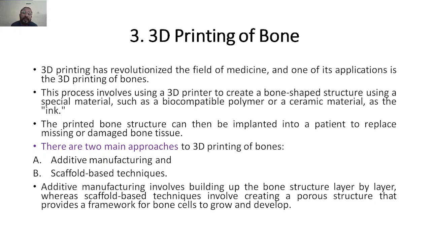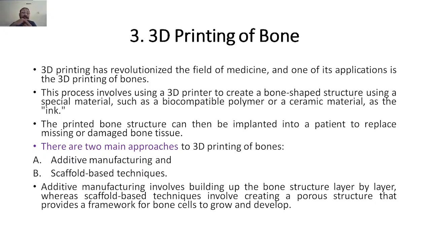So for those kinds of applications or situations, we go for the 3D printing of bone and make sure that this particular product follows the functions of the bone. It should act as a normal bone so that we can replace the deformed bone, or the bone of a person who has lost a leg or any other part of the body, where the bone is involved, that can be implanted.